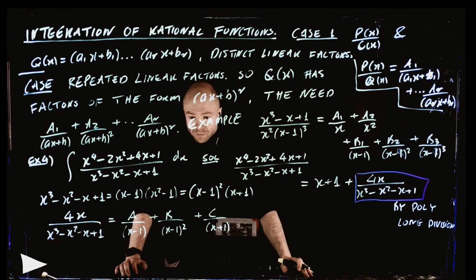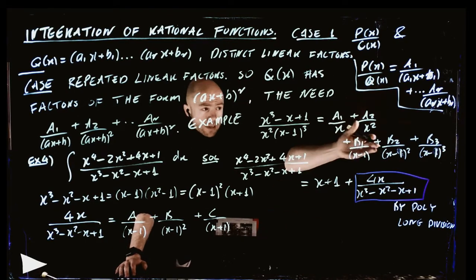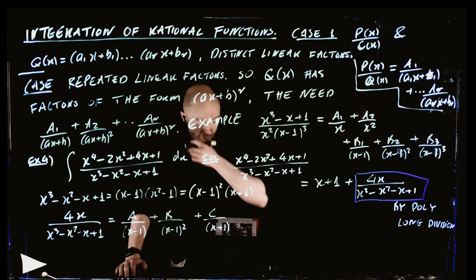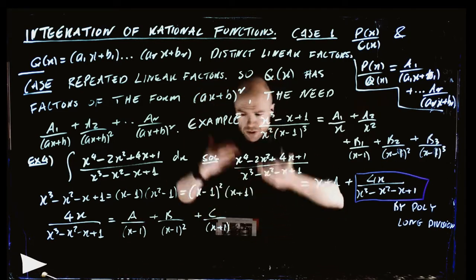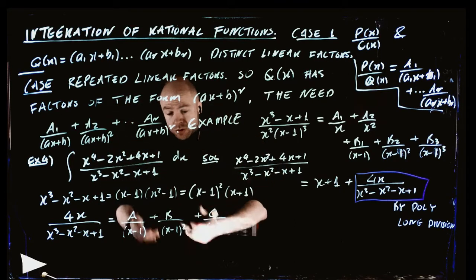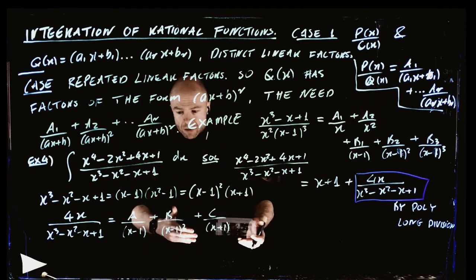And that's putting it in the form that case 2 requires. Everybody with me so far? Cool. Once you have this down, then it's just doing the straightforward logical thing, which is to find A, B, and C.